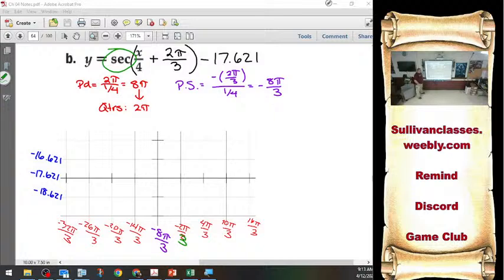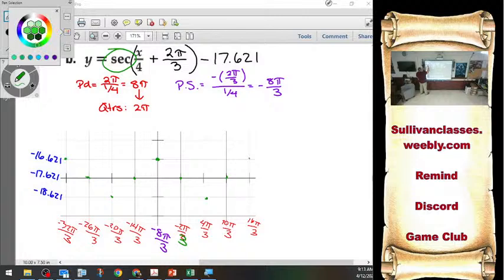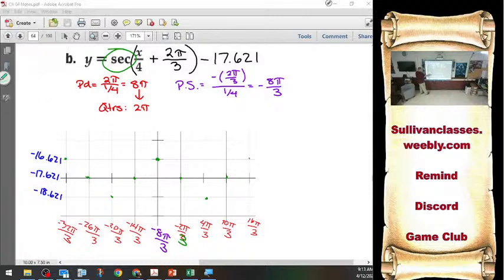All right, secant is reciprocal of what? Cosine. So I start it like a normal cosine. Start at my maximum, middle down, middle up, middle down, middle up. And then, wait a minute, it was the gardener all along. You take all of those x-intercepts and turn them into asymptotes.